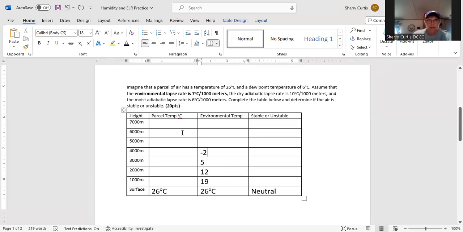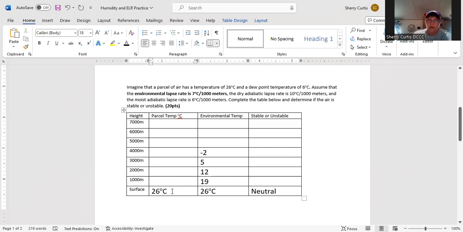Now, the part people struggle with is the parcel temp. And for those of you who are in the flight program, I realize that yes, the dew point does decrease a little bit as you go up in elevation, but I am trying to keep the math as simple as I can for this particular question, just to give people an idea on how an environmental temperature and an air parcel temperature can vary.